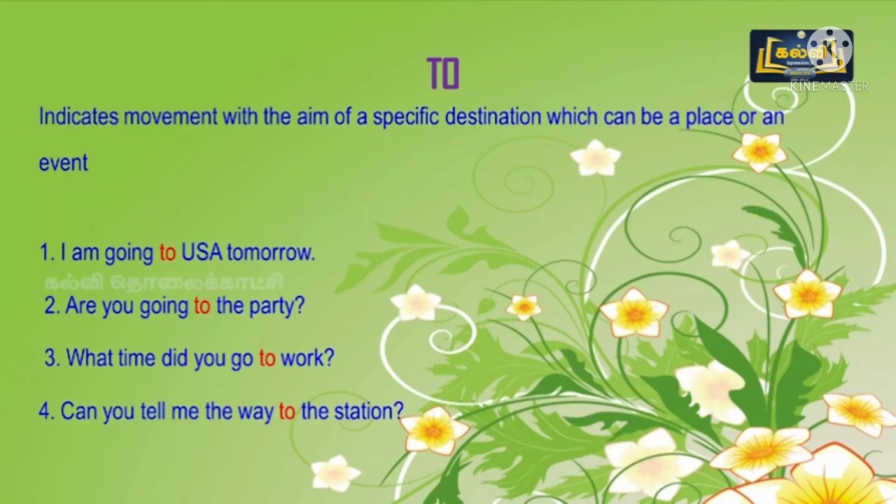For example, I am going to USA tomorrow. Are you going to the party? What time did you go to work? Can you tell me the way to the station? You never commit any mistake in this preposition to.